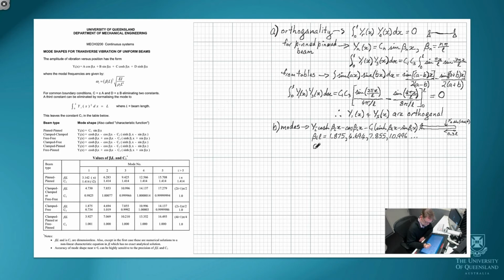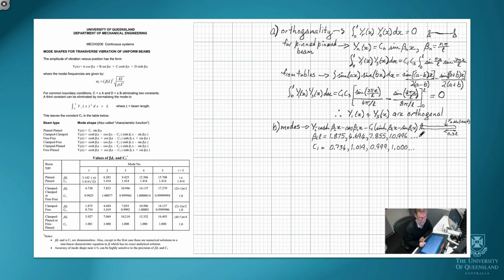Okay, for the C1 values for the mode shape, we need 0.734 for the first mode, 1.019 for the second mode, 0.999 for the third mode, and 1.000, and so on for the fourth mode.